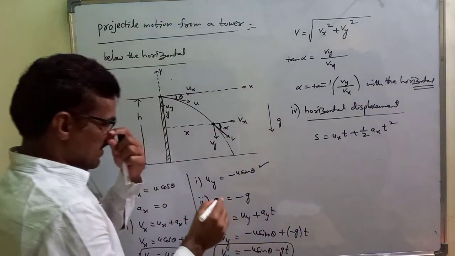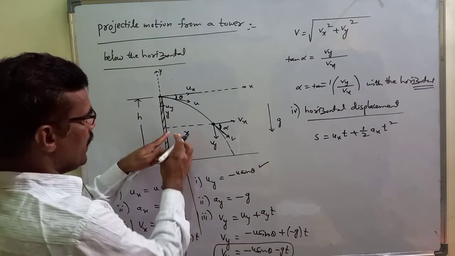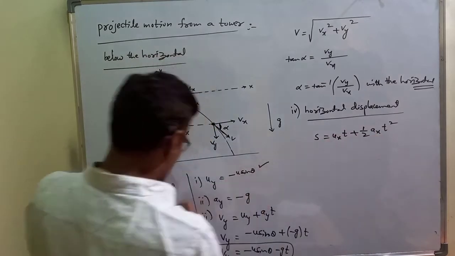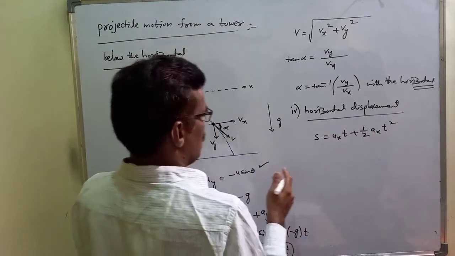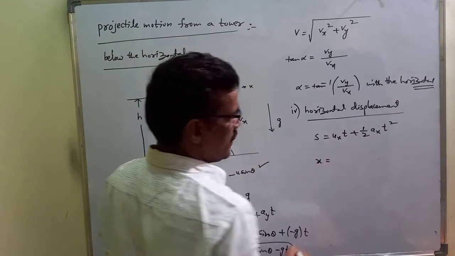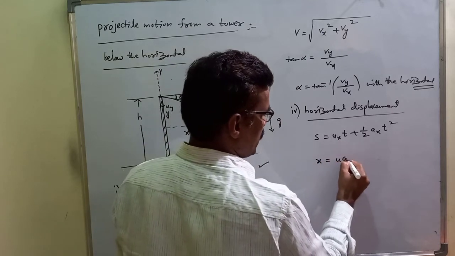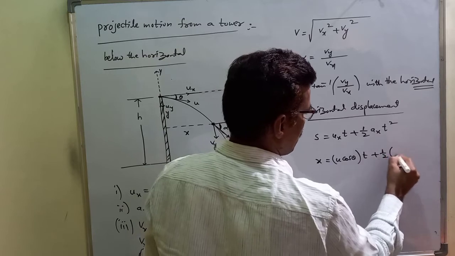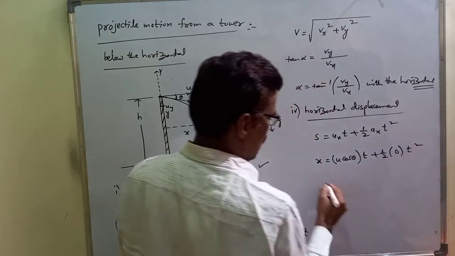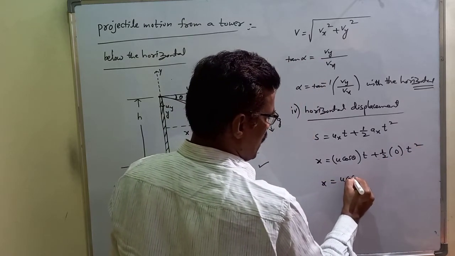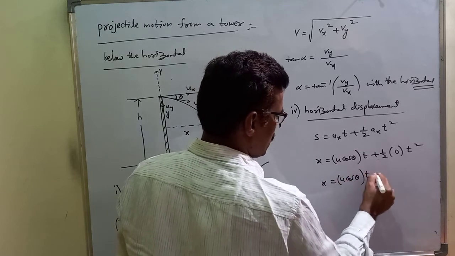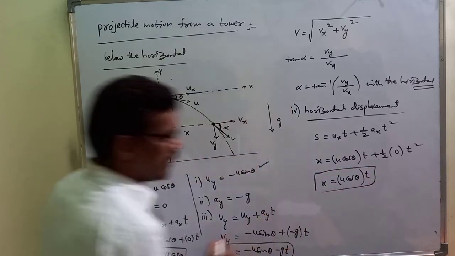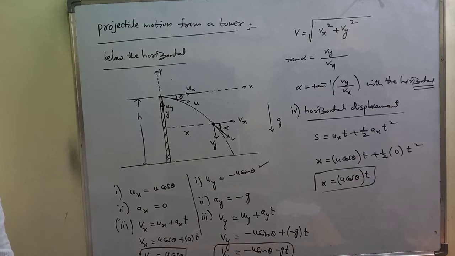Ux is u cos theta, and ax is 0. S is nothing but the x displacement in the horizontal direction. So x equals u cos theta into t plus half of 0 into t square, giving X equal to u cos theta into t. This is the horizontal displacement after t seconds.